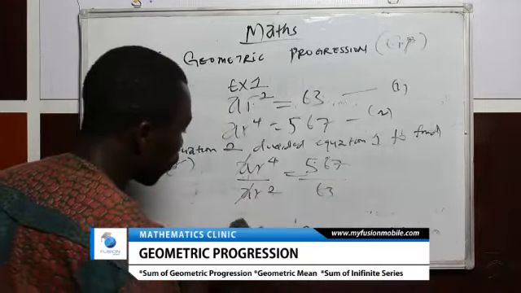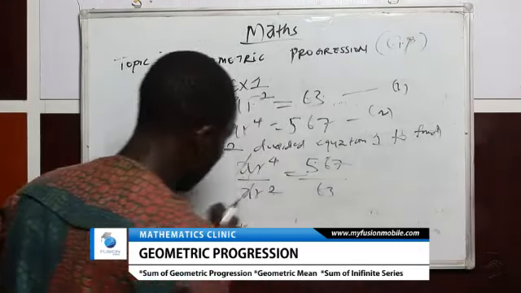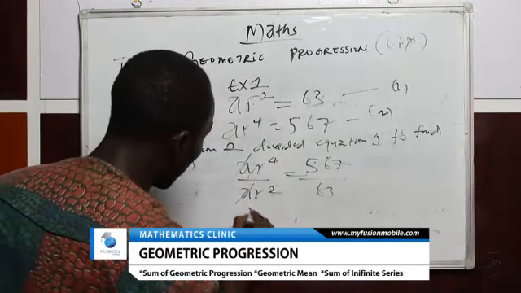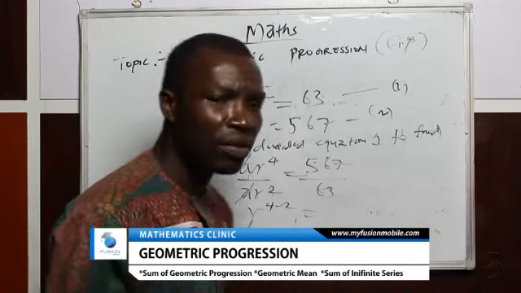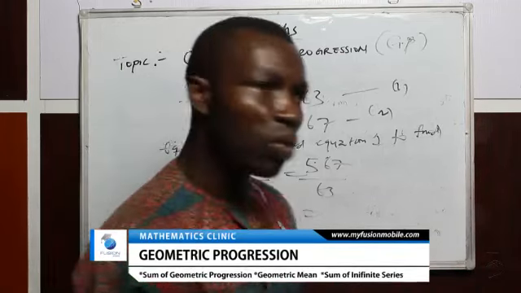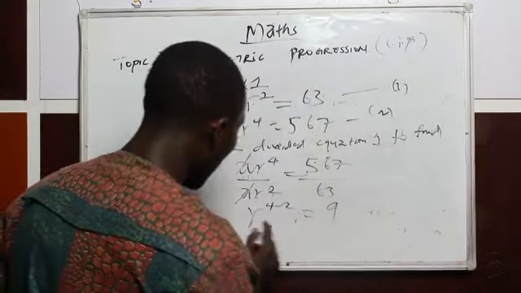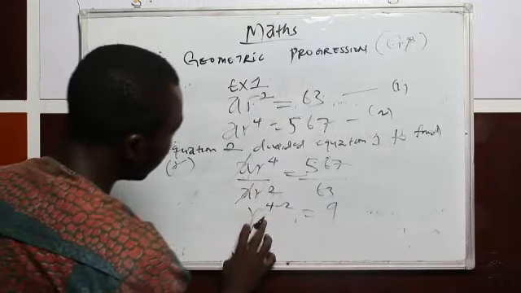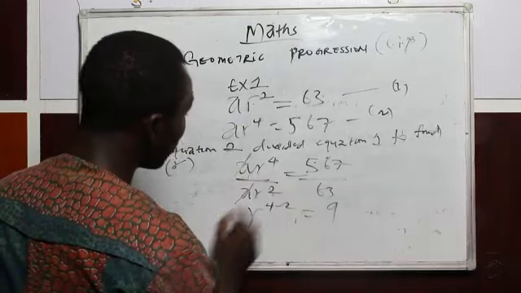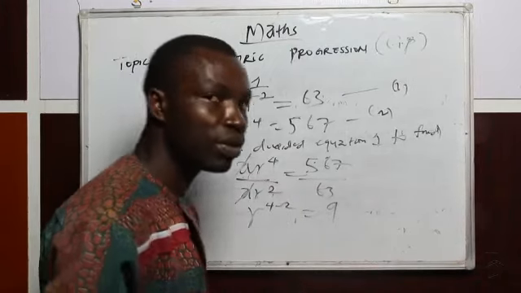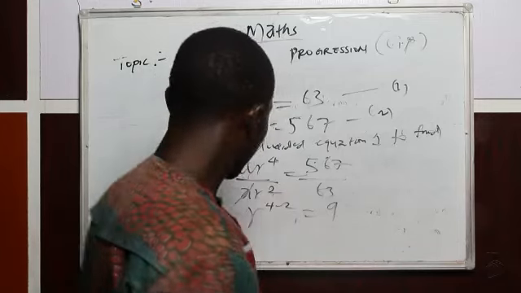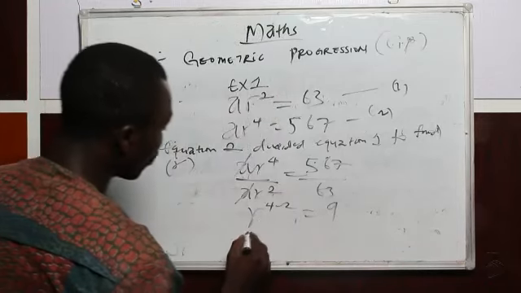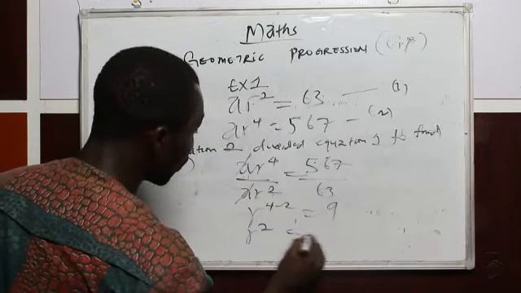According to the law of indices, where you have the same base, it turns to r raised to power 4 minus 2 equal to 567 divided by 63, which will give us 9. Because of this division, it turns to minus, according to the law of indices. r raised to power 4 minus 2 gives r raised to power 2 equal to 9.